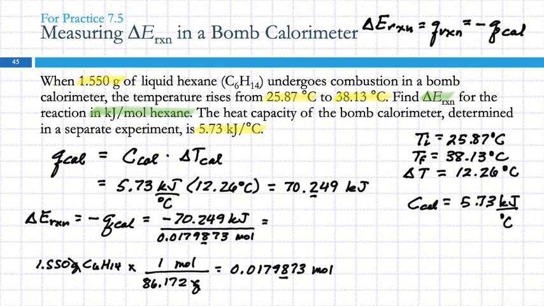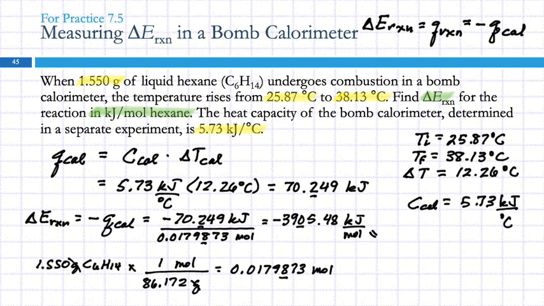So I'm going to take my amount of energy there, 70.249, and divide it by the number of moles. And I believe I should have 3 sig figs. So this would be best expressed as, oh, I lost my negative sign.